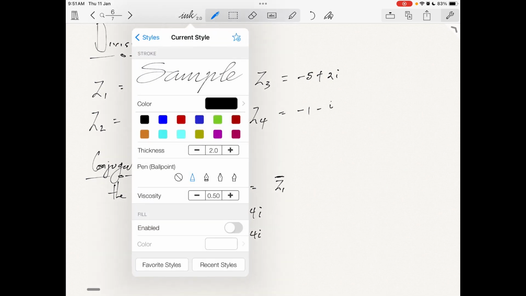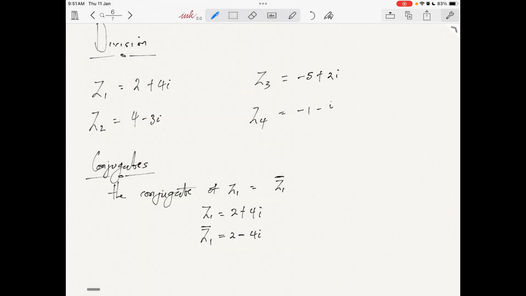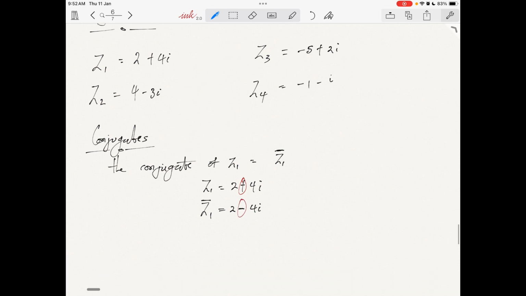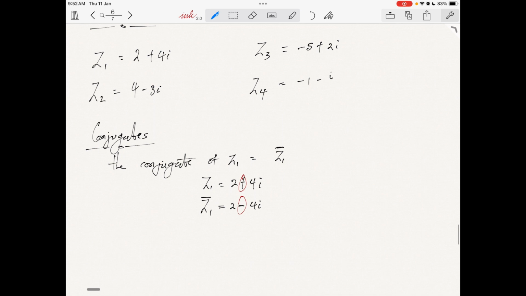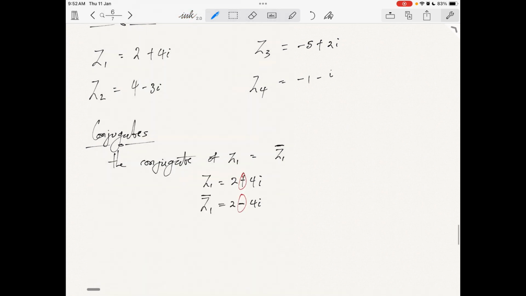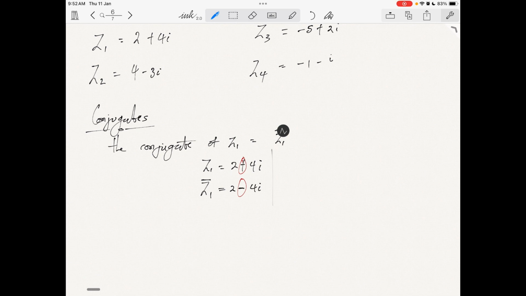All we are changing is the sign of the imaginary number. So we can also say further that if z2 is 4 minus 3i, then z2 bar is equal to 4 plus 3i. All we are focused on is changing the sign at the center.